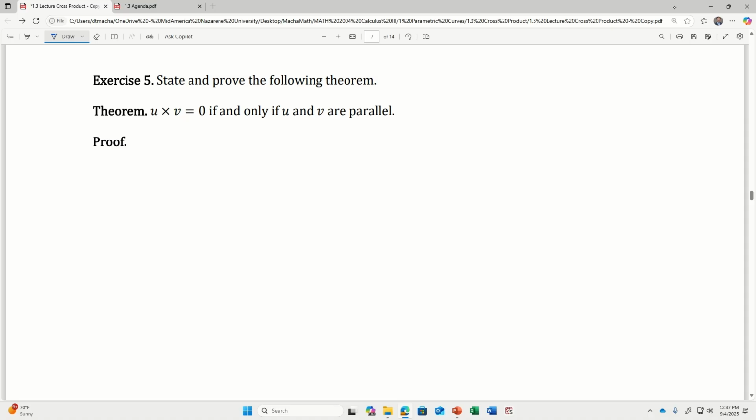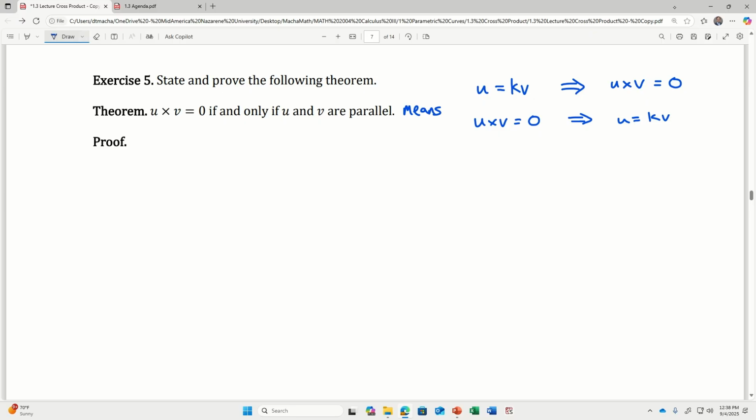So that means if u and v are parallel, that implies that u cross v is equal to 0. And that also means that if u cross v is equal to 0, that implies that u and v are parallel. That's what we're saying right here.